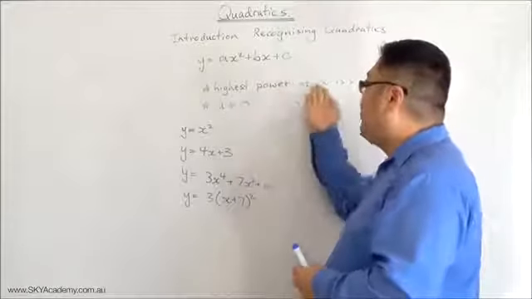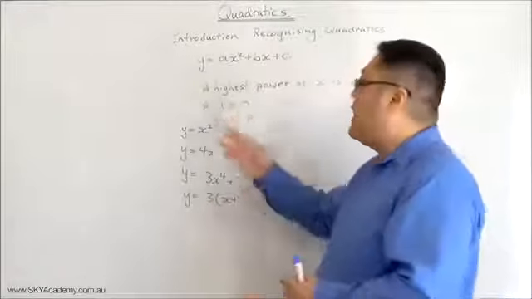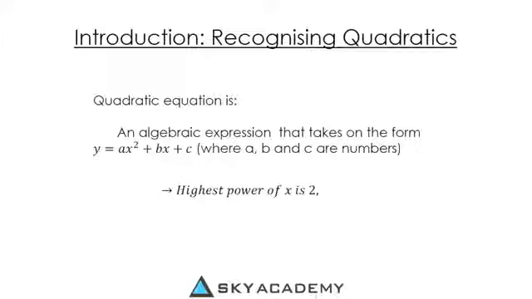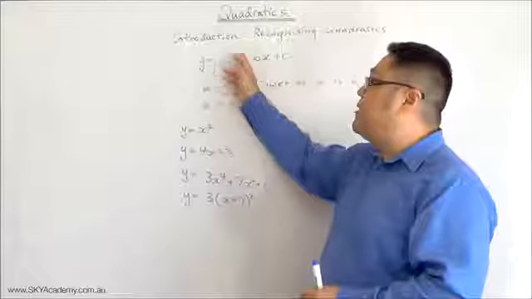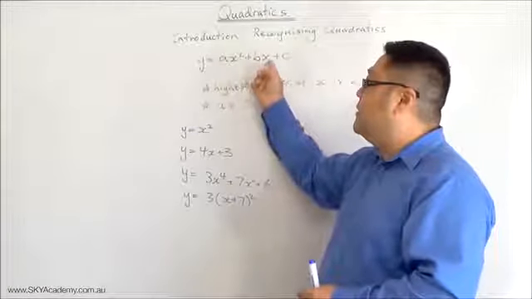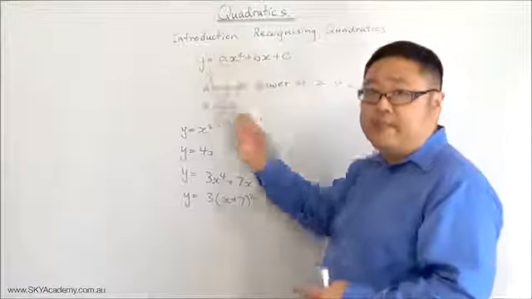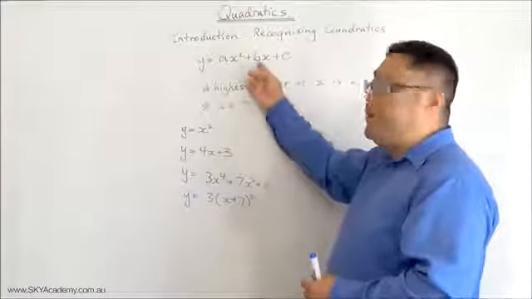So the highest power of x is 2, and a, b, and c can pretty much take on any number that you want it to, except that a can't be 0. Then, if a is 0, your highest power isn't 2 anymore. It'll be the x term, because 0 times x squared disappears. Can b equal 0?